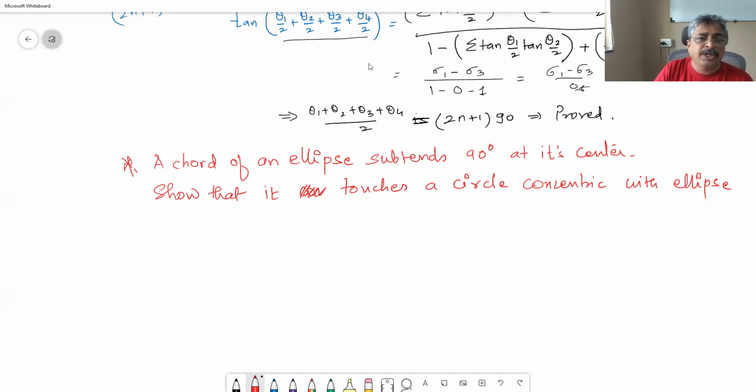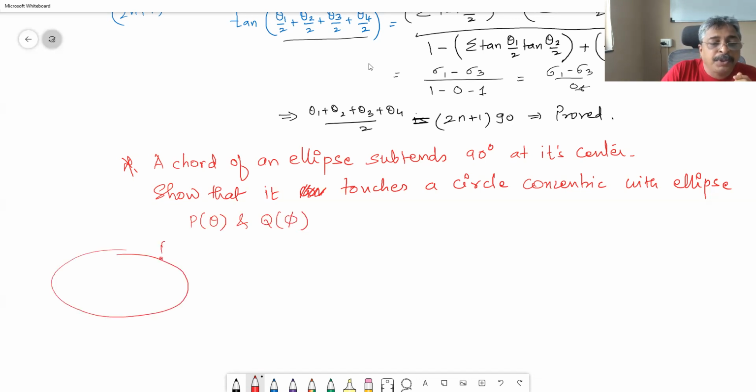It can be done using the trigonometric form of the chord, or otherwise, but I will prefer to do it using that. If the eccentric angle of P is theta and the eccentric angle of Q is phi, these are the 2 points on the ellipse, and it is supposed to be 90 degrees at the origin. Q is phi, P is theta.